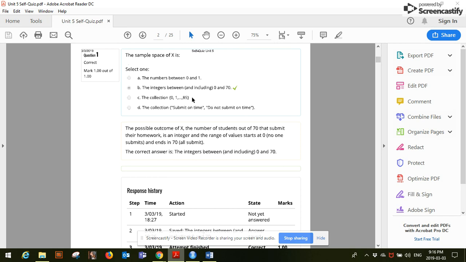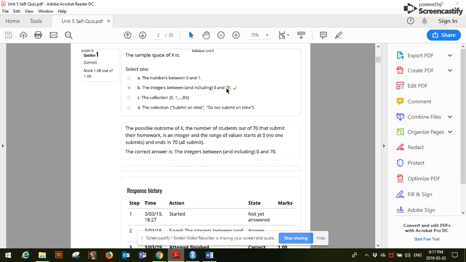So we know that the class has 70 students. So basically the sample space should be anything that includes the 70. So we see all the integers, and we cannot have a decimal student. So it will be all integers. That's why we want the integers that are between 0 and 70.